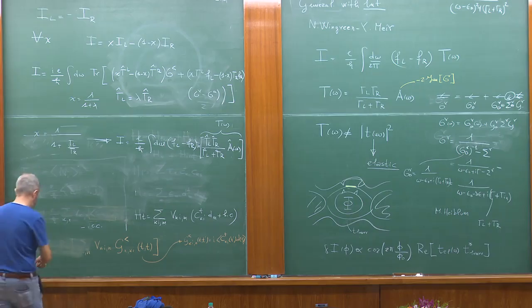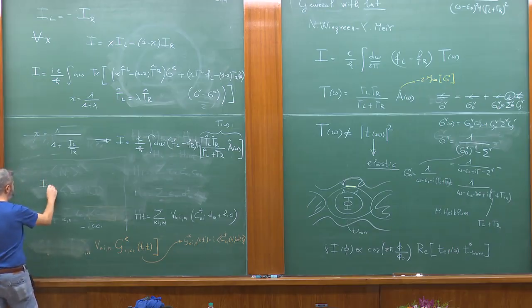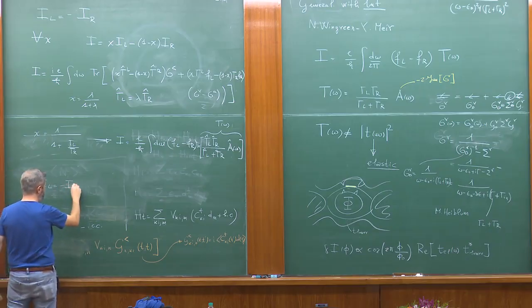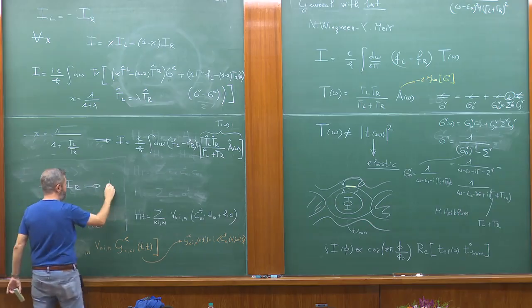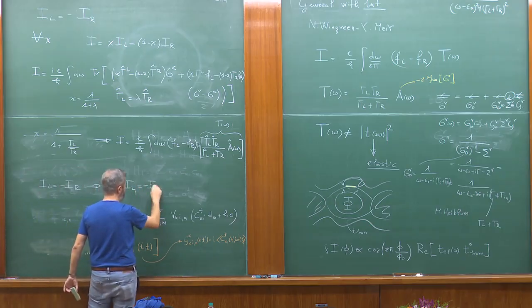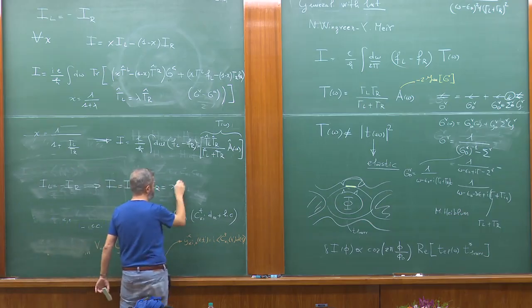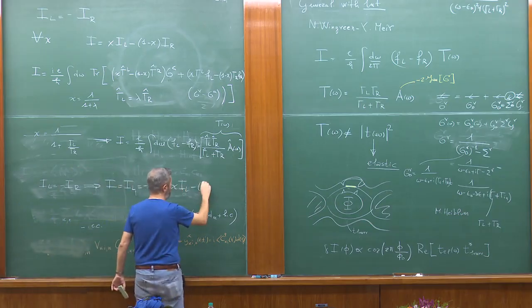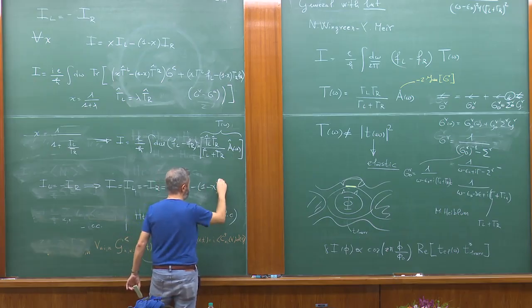Because I told you that I left is equal to minus I right, and therefore the current, which is I left or minus I right, is also equal to x I left minus (1 minus x) I right.